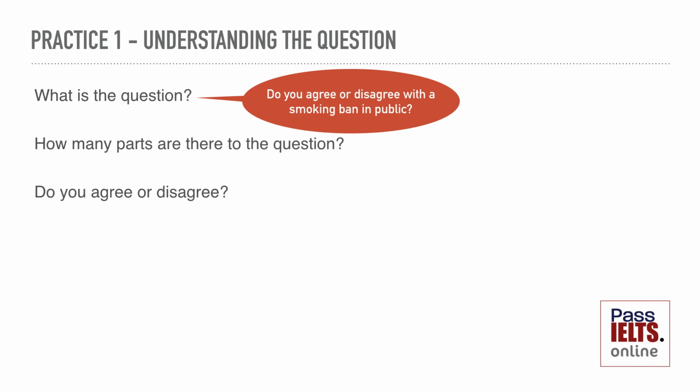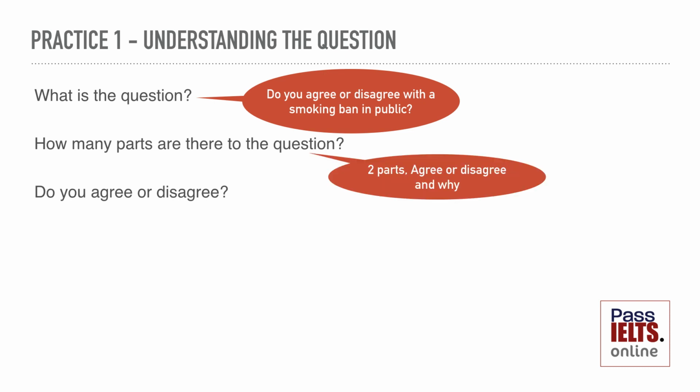Then, how many parts are there to the question? There are 2 parts, maybe 3, depending on your answer. Do you agree or disagree? This one is really up to you. You can only agree or disagree if you want. You don't have to have a balance of arguments. However, a better answer would include arguments for both sides, perhaps also including a concession.